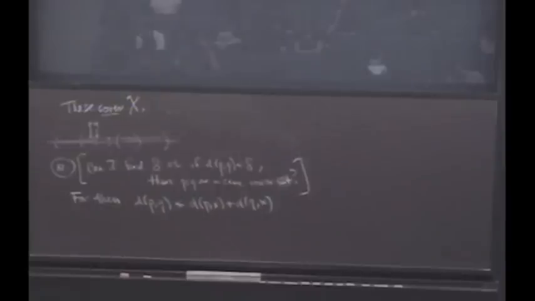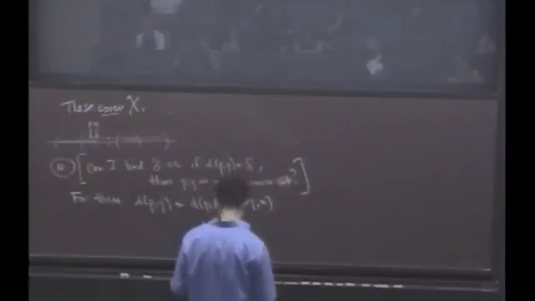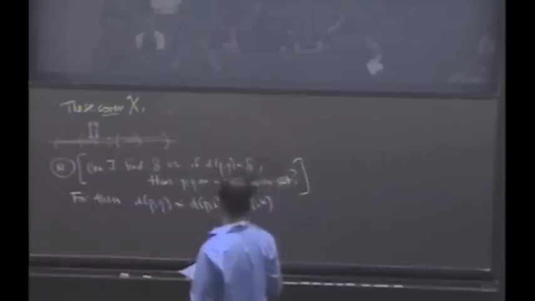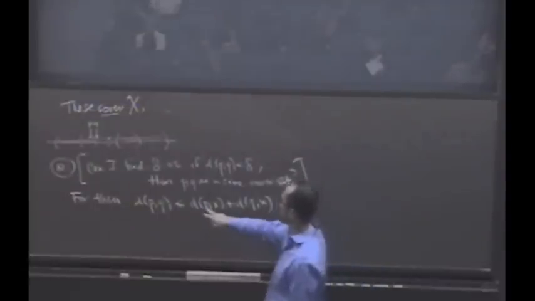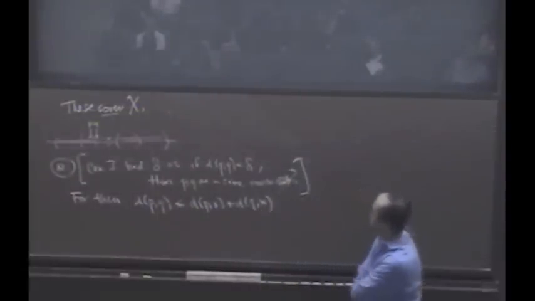Well, for that X, it had a delta X. For that X, if I were close enough, then their images would be less than smiley, right? So the distance between, what do I want? For then the distance between P and Q is bounded by the distance between Px and Qx.